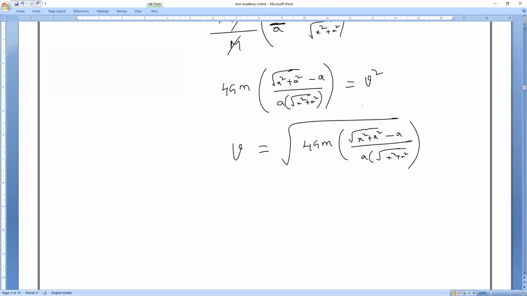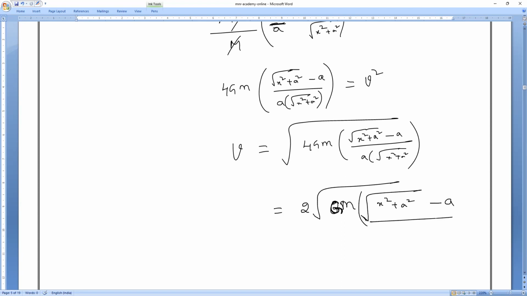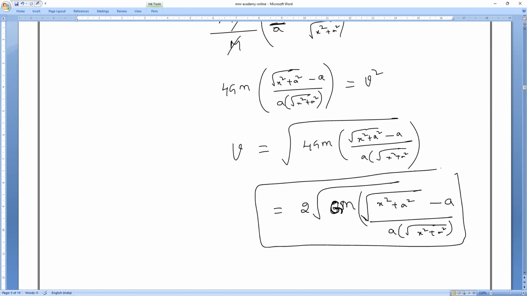Now if this 4 has a root, I will write it as 2 into root over GM into root over x square plus a square minus a divided by a into root over x square plus a square. So this is the formula for v after the point P. This is how you have to find the velocity v once it reaches the point P.